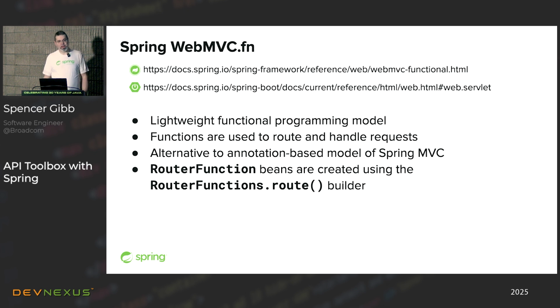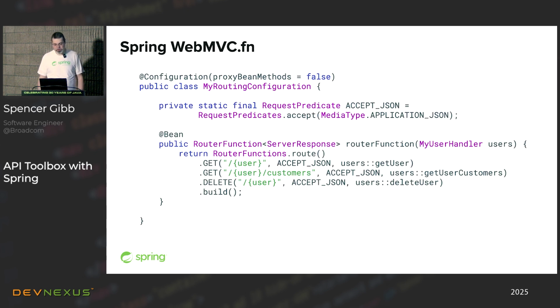There is a static builder method on a class called RouterFunctions, which I'll show here in a second, that allows you to create functional controllers. Again, same servlet containers, but here you can see it's very different from what we were looking at previously.